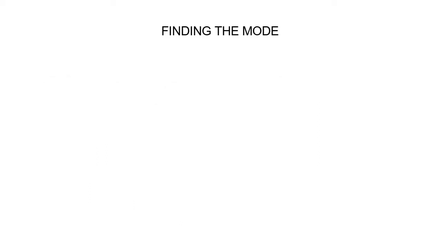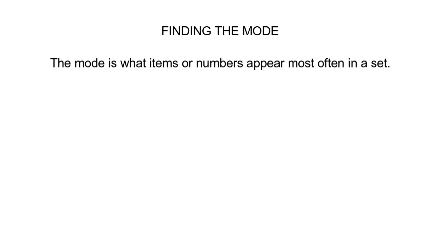Finding the mode. The mode is what items or numbers appear most often in a set. Consider the following set: 7, 4, 8, 9, 14, 4, 4. To find the mode, first we'll order the numbers from lowest to highest and see which number appears the most often.